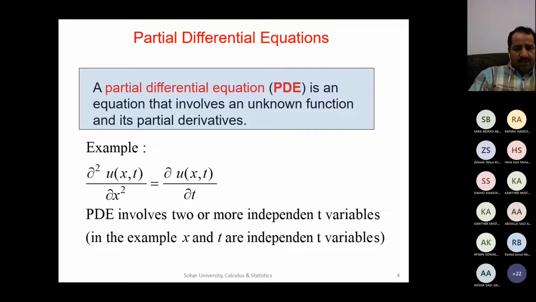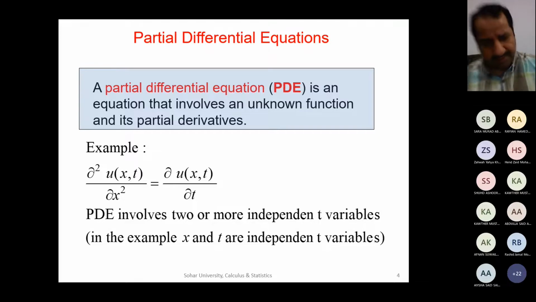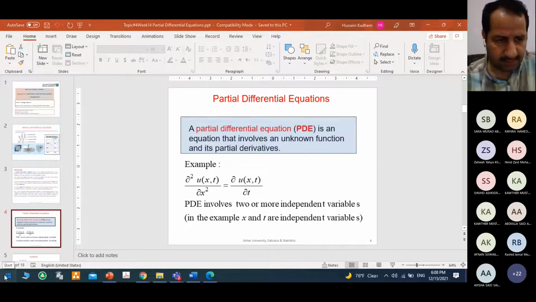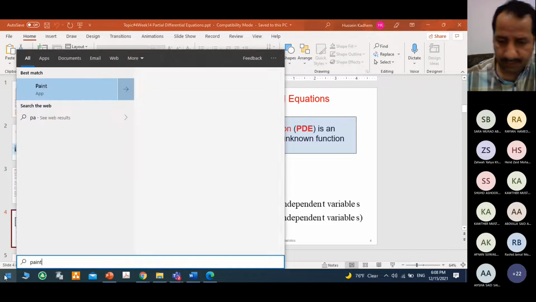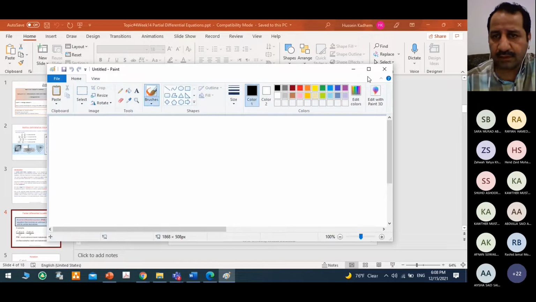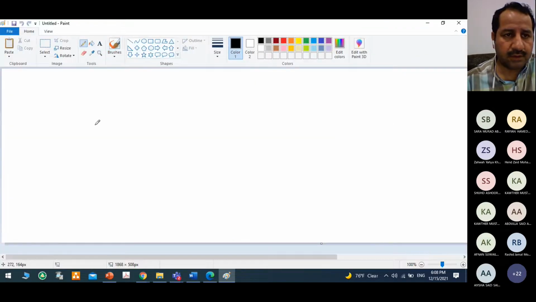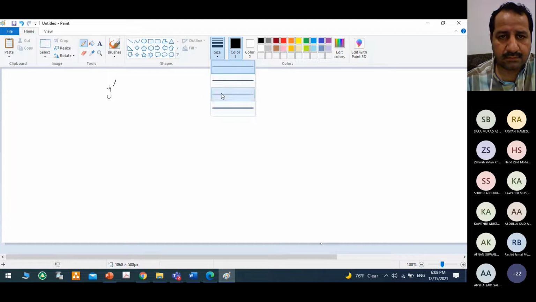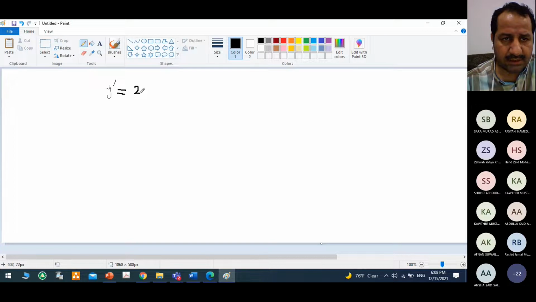Example here, you see this example. You remember in ordinary differential equations, what we did was we wrote y dash equal, let me say, 2x.